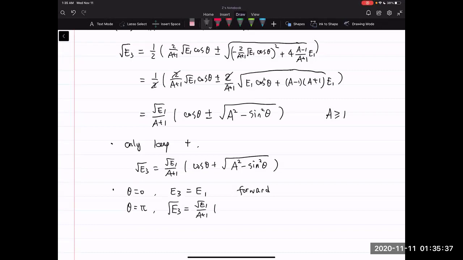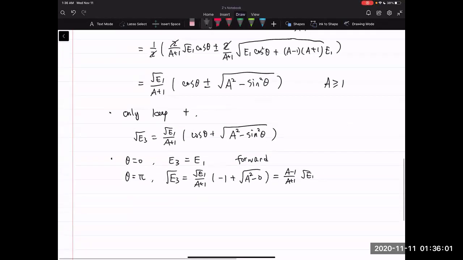What is cosine pi? Cosine 0 is 1, so cosine pi is negative 1. Plus the square root of A squared, since sine pi is still 0. So that is A, so A minus 1. So this is just A minus 1 over A plus 1 times the square root of E1. In other words, E3 is equal to the square of A minus 1 over A plus 1, times E1.